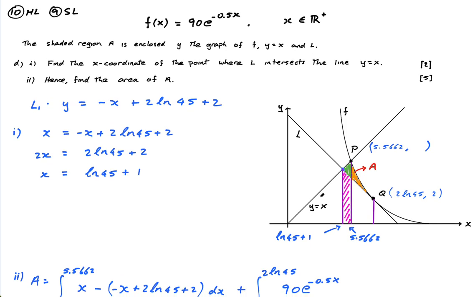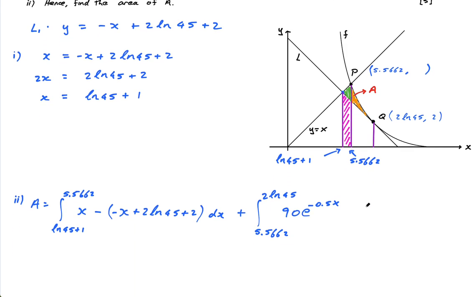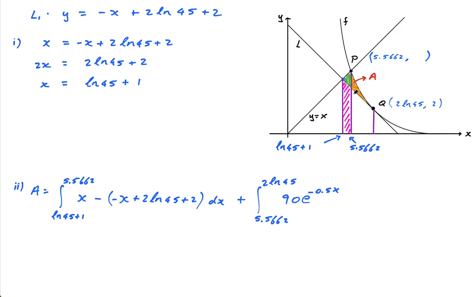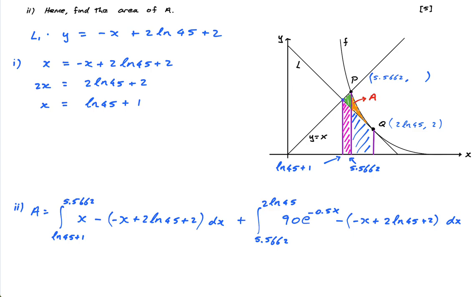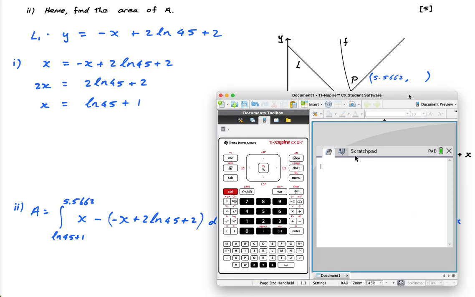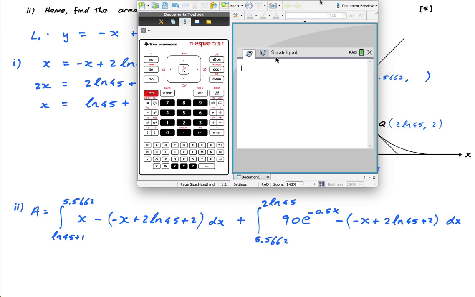Is that correct? 90 e to the minus 0.5x, yes. And the same thing, I'm going to subtract the area under the line L. So minus x plus 2 ln 45 plus 2, close brackets, another dx.